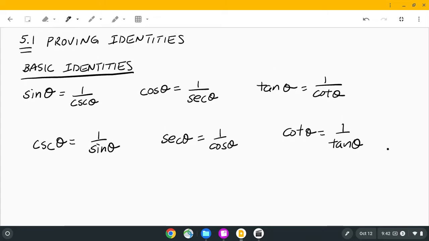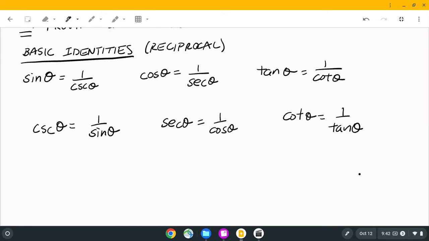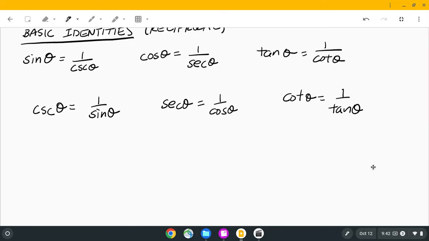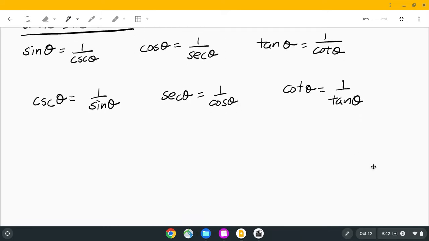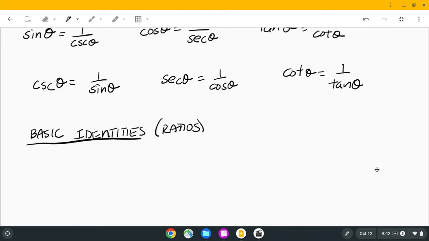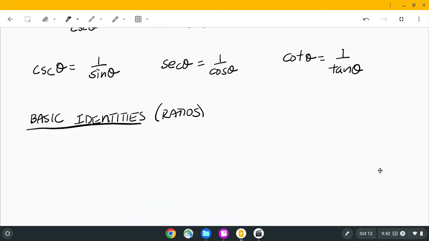So these here are the reciprocal identities. And then we also have the basic identities for the tangent ratios, for the tangent and the cotangent.